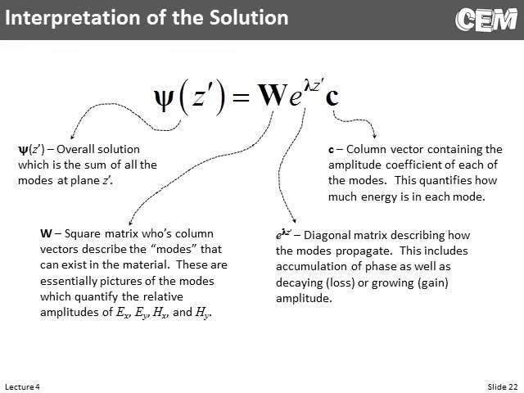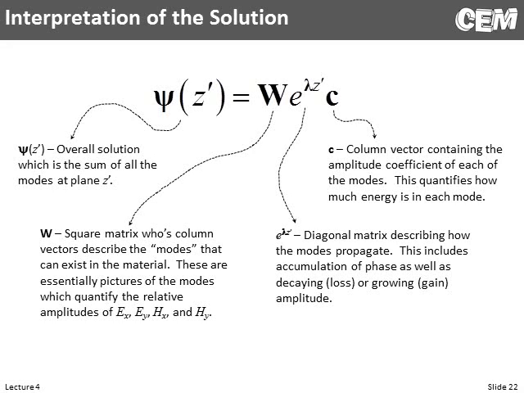So let's dissect this solution to understand it a little bit better. The leftmost term, the psi, that's the overall solution. Those are the actual fields. And if we know that as a function of z, we could plot the fields and see them. So that's the overall field. The W is the eigenvector matrix. This is describing the eigenmodes of the system.